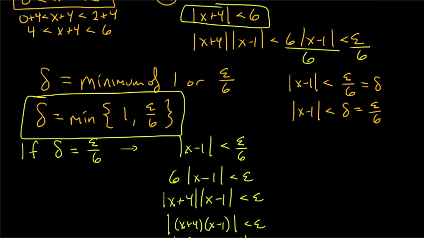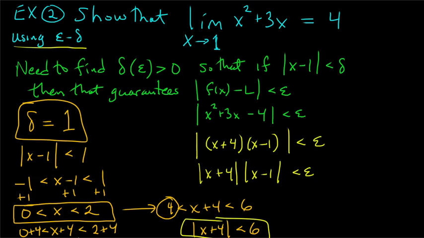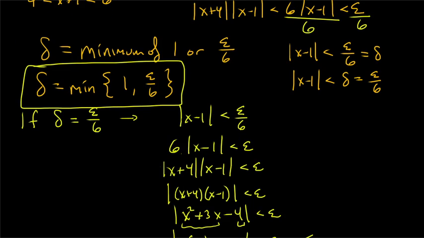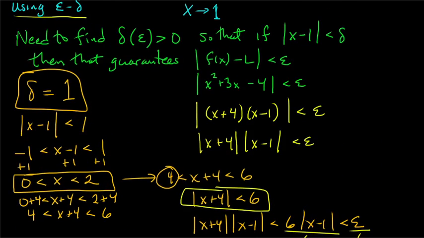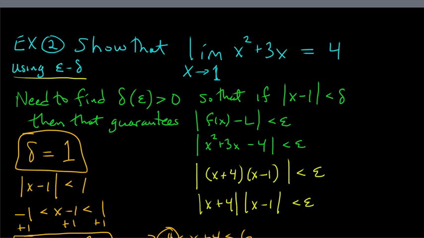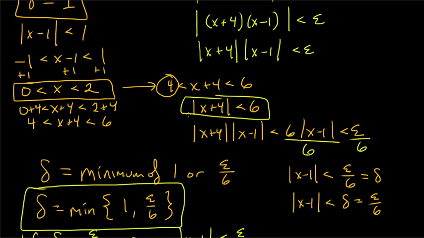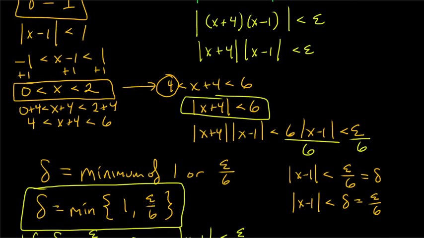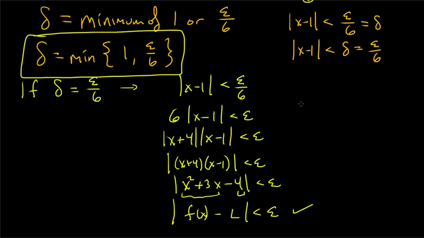So just to continue with this example, and this might help figure things out a little bit, let's give an actual value to epsilon. Let's say we want our f of x minus L to be less than some small number. Well, let's actually just make it 6, in which case delta is 1 anyway.